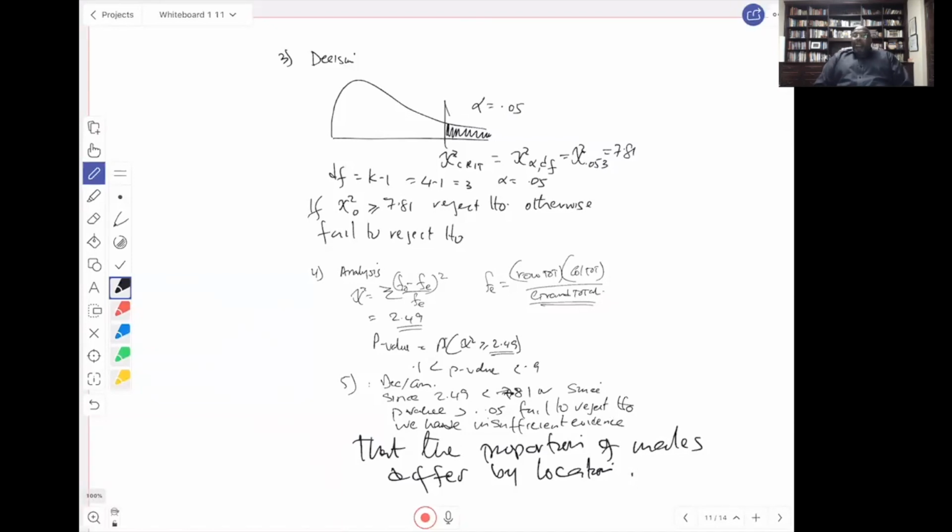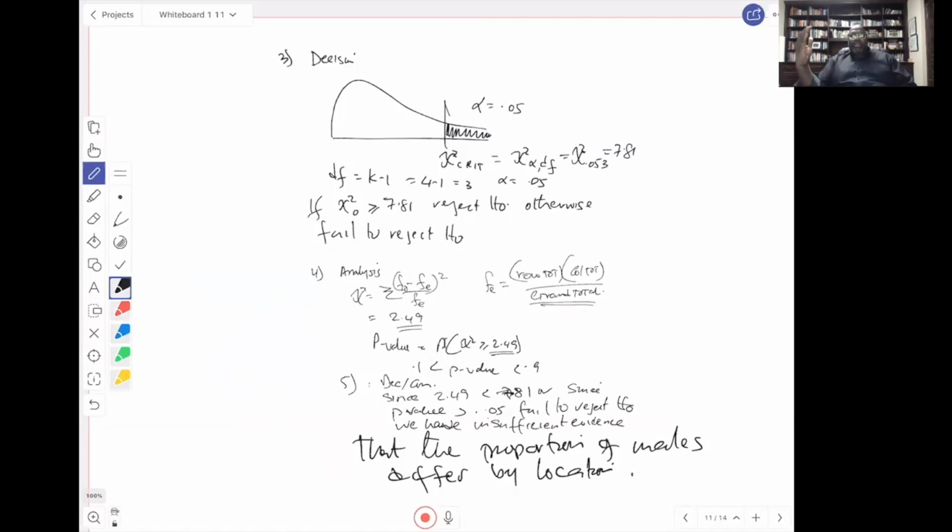Another example of that is, if I said to you, 20% of students get an A in stats. Well, actually higher than that, 30-something percent, let's say 35% of students get an A in stats. So if you now take 100 students, and you observe 15 got an A, that's the observed frequency. But hang on, based on what we know, that 35% get an A, out of 100 we expect to get 35.